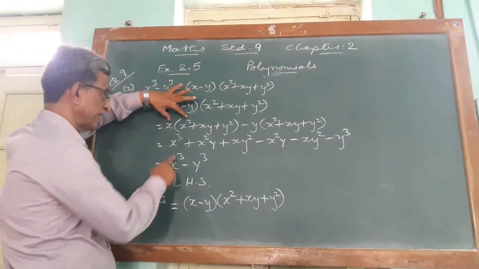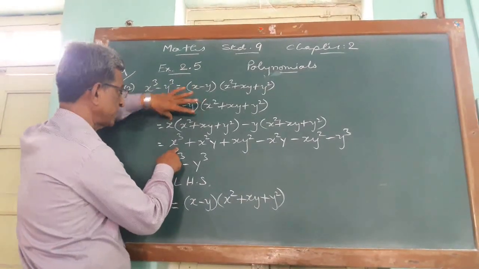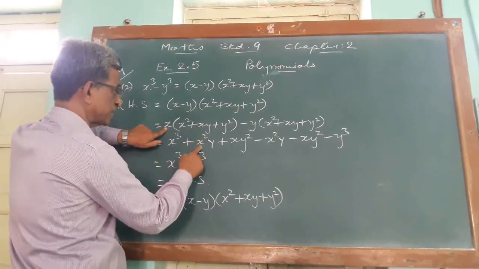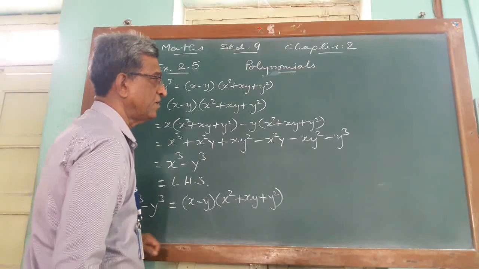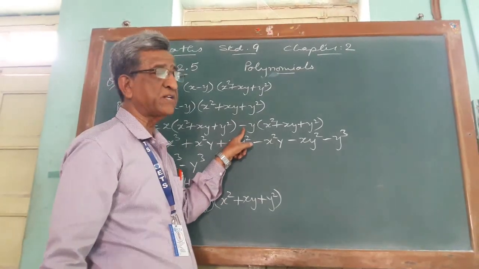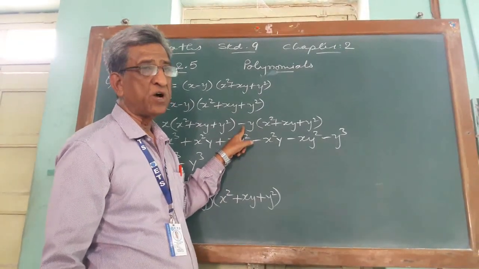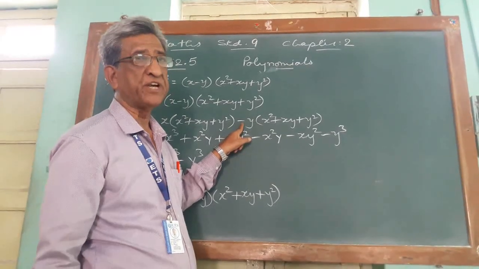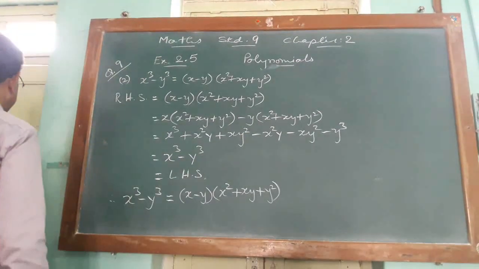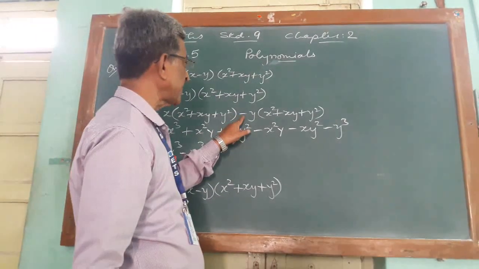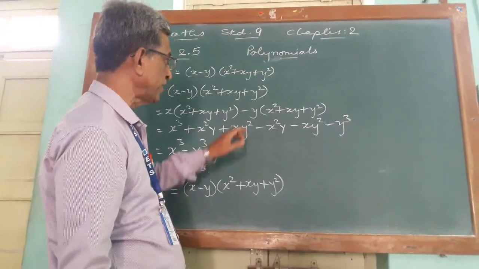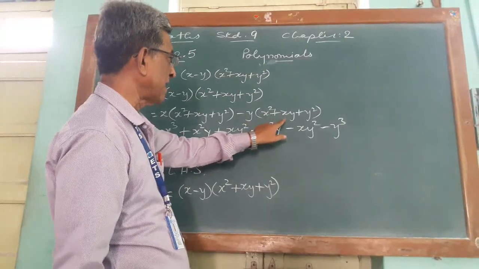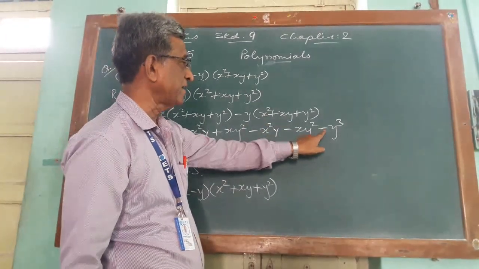X into x square gives you x cube, x into xy gives x square y, x into y square gives xy square. When you get a minus sign outside the bracket, all the signs inside the bracket will be changed. Minus x square y minus xy square minus y cube.